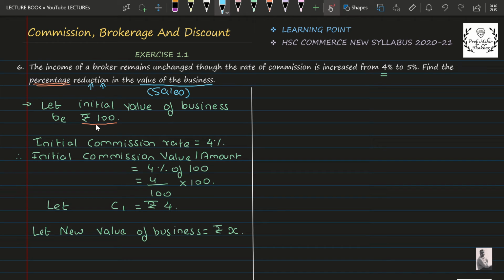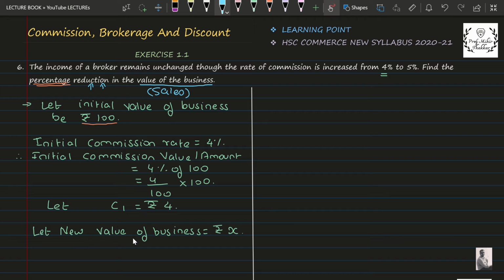So if original value is 100 and the new value is also 100, so it indicates that there is no reduction. But as per the question, reduction has to be there. Then whatever is the value of X, definitely it will be lesser than 100. But what it is, we will see it now.